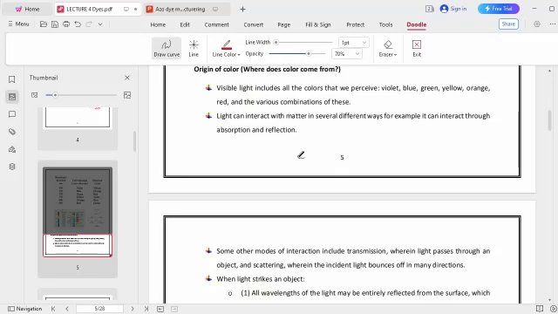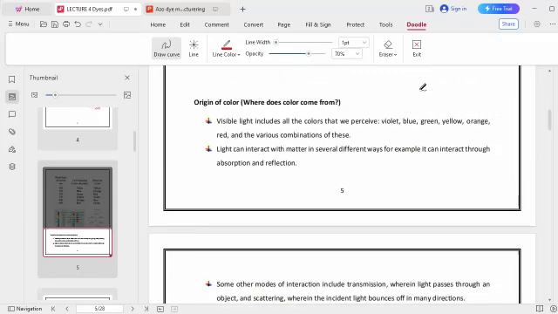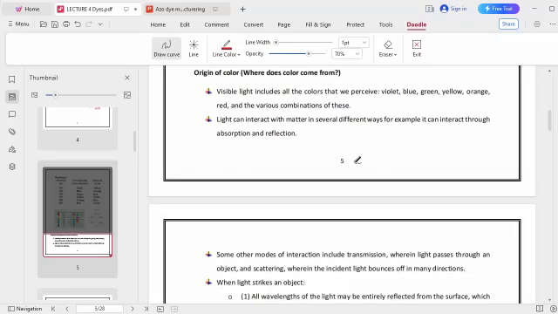So where does color come from? We have different colors, but the visible spectrum contains the colors violet, blue, green, yellow, orange, and red. And light interacts with matter in different ways.